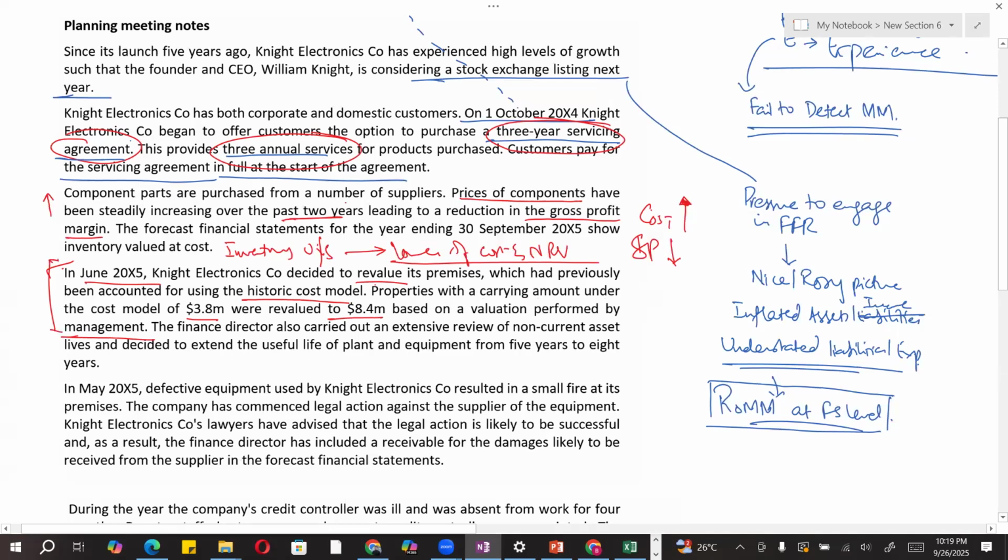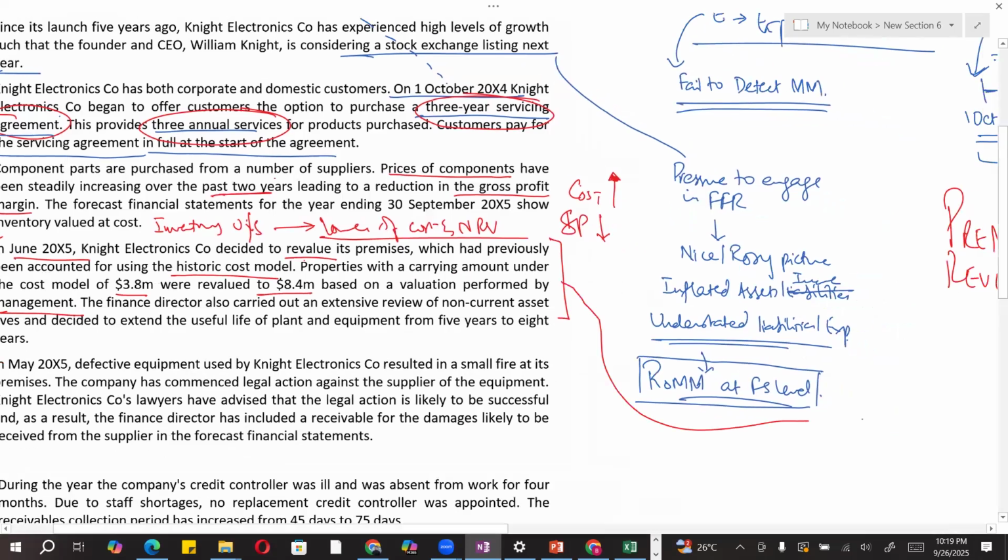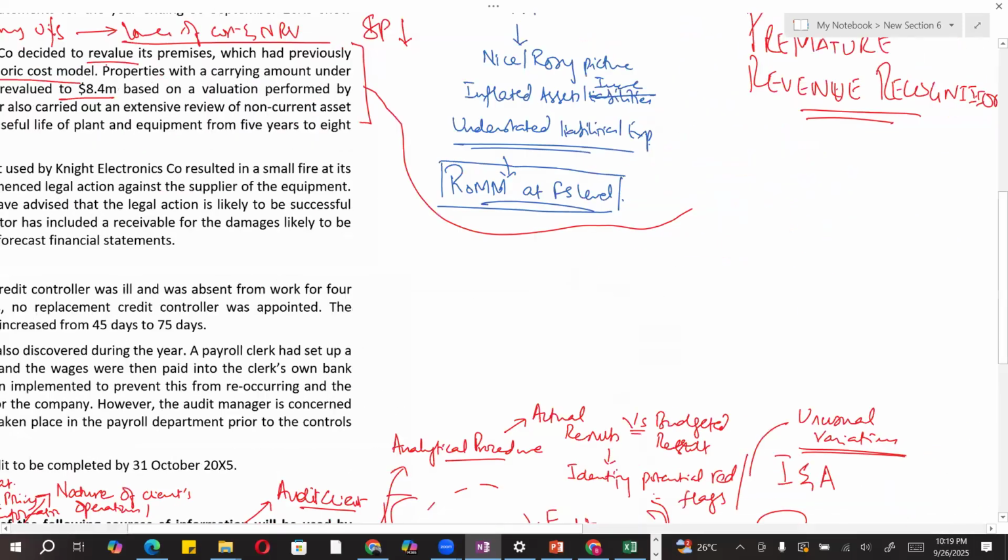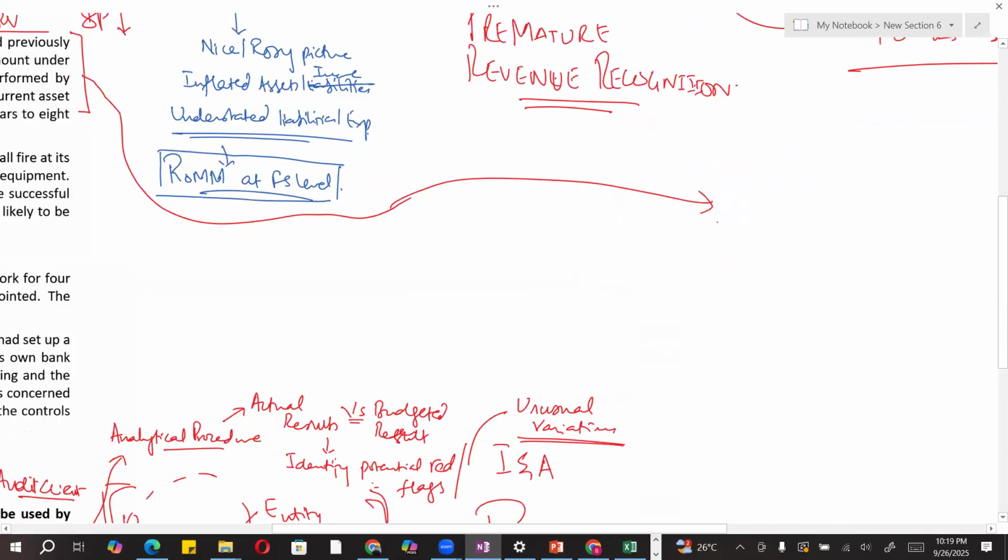Now, two things need to be taken care of here. The first thing is, tell me one thing, is it okay to change the accounting model for items of PPE? The answer is yes. There is no problem with that. But any change in accounting policy has to be due to some genuine reasons.